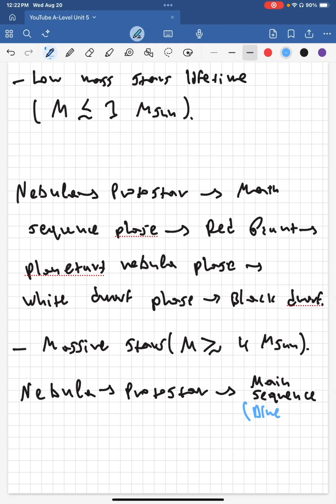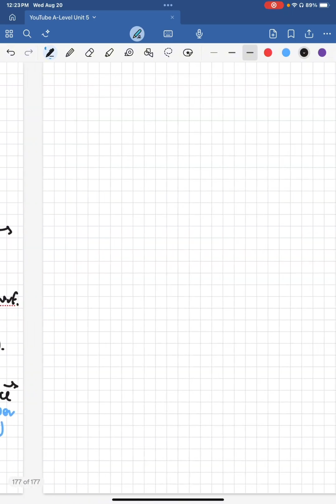So, blue supergiant. Because they have so much energy, they are blue. Okay, then once the material runs out, I mean hydrogen, they enter the red supergiant phase. So far, everything resembles the low mass stars, but let's go see what happens after that.